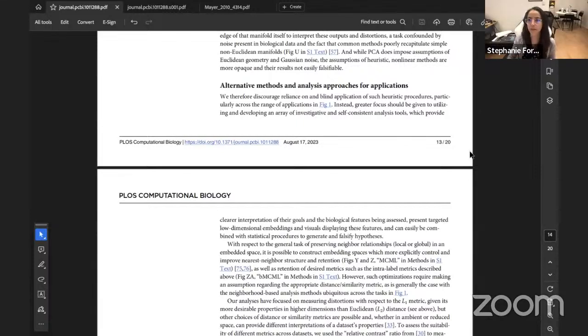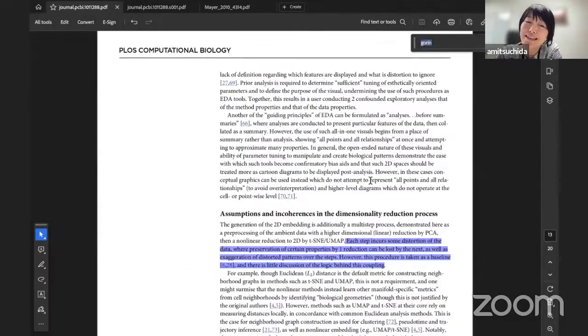Yeah, thank you. Ami, do you have a question? Yeah, just a very naive question, but I thought that the point of these nonlinear dimensional reduction techniques is the fact that it's a nonlinear thing. So if you measure distance based on a linear method, wasn't that the point?